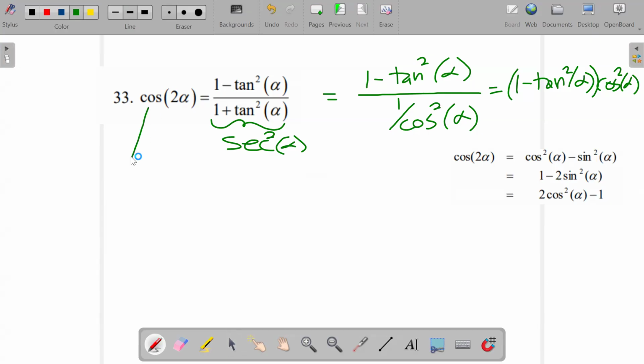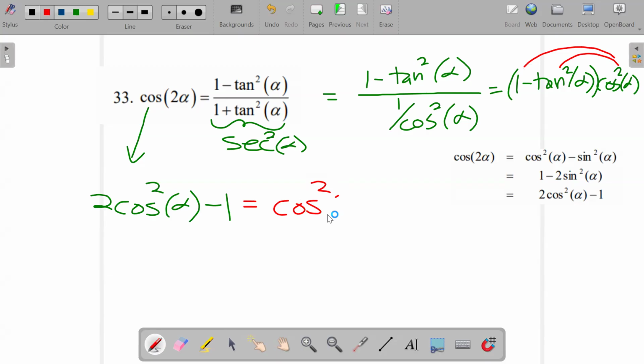So I'm going to rewrite that as twice the cosine squared of alpha minus 1. And I think I feel compelled to distribute on this side. So on the other side, I'm going to have cosine squared of alpha minus tangent squared alpha times cosine squared alpha.